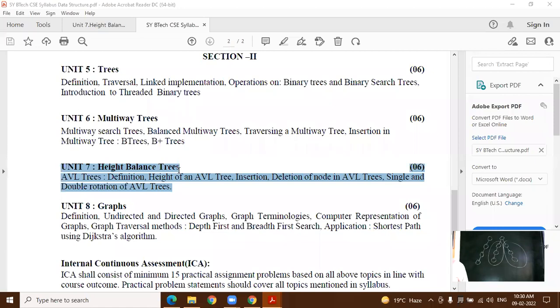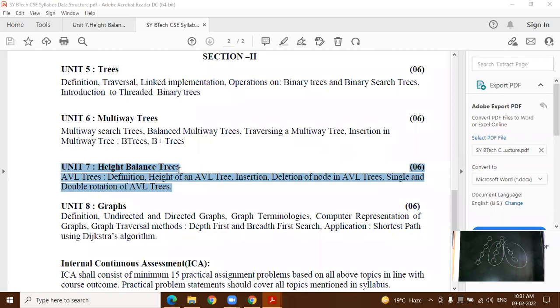Very good. By considering the height of the left and right, you decide whether the tree is balanced or unbalanced. To convert the unbalanced tree into the balanced tree, we need to study this height balanced tree concept. This is the main purpose.